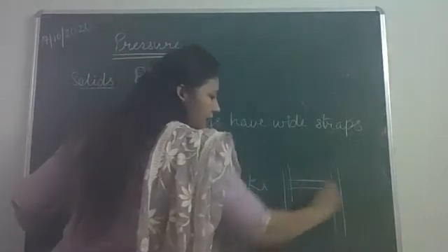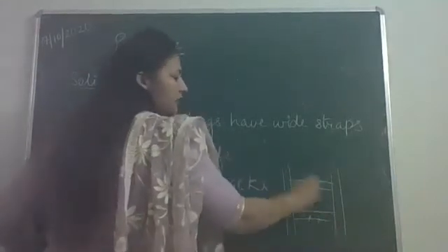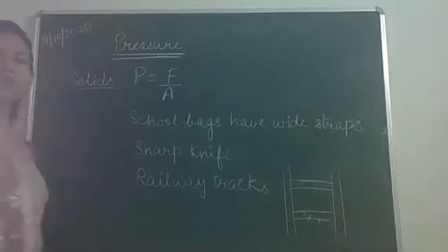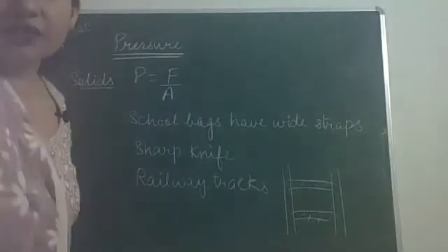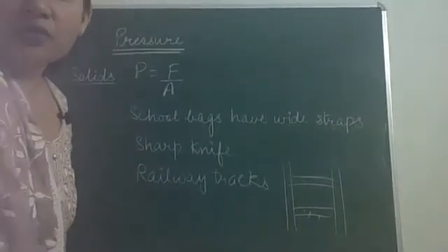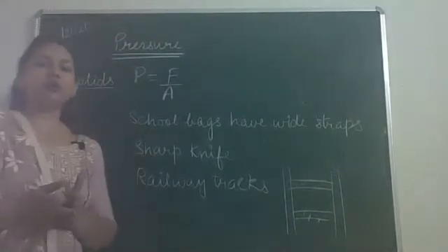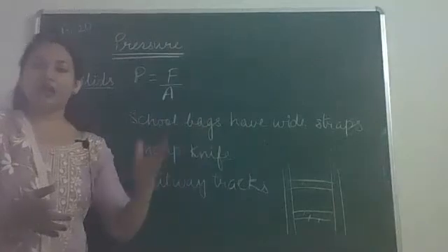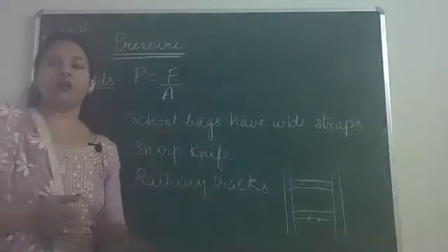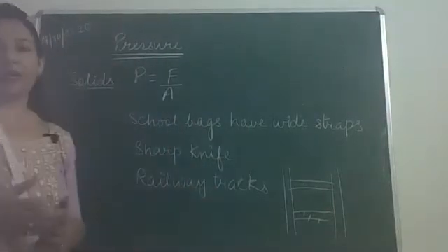Concrete and wooden sleepers are kept between the rails. An arrangement is done to increase the area and to divide the pressure of the train equally, not on the rails only, but on the whole area, so that the rails don't get damaged.